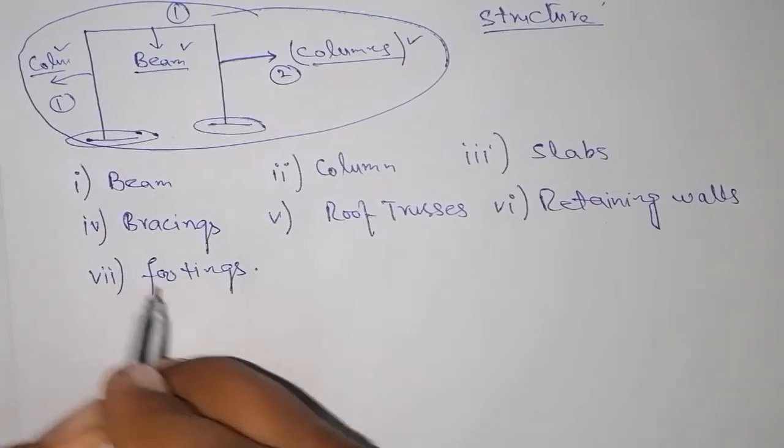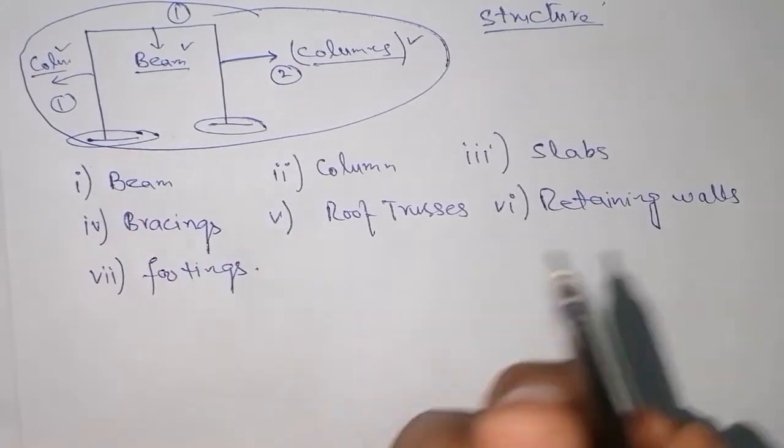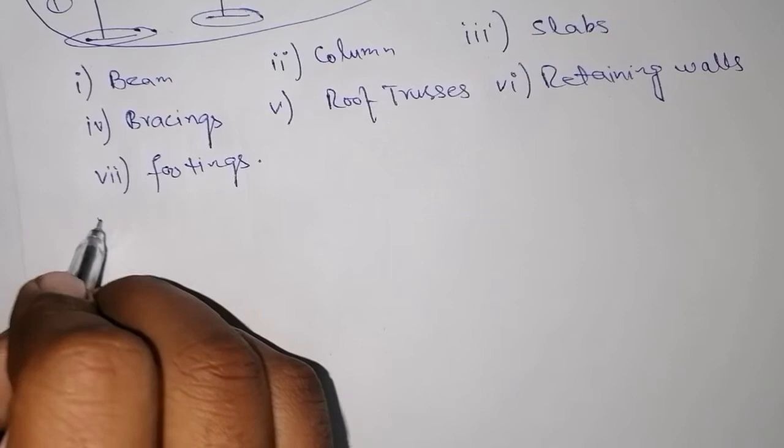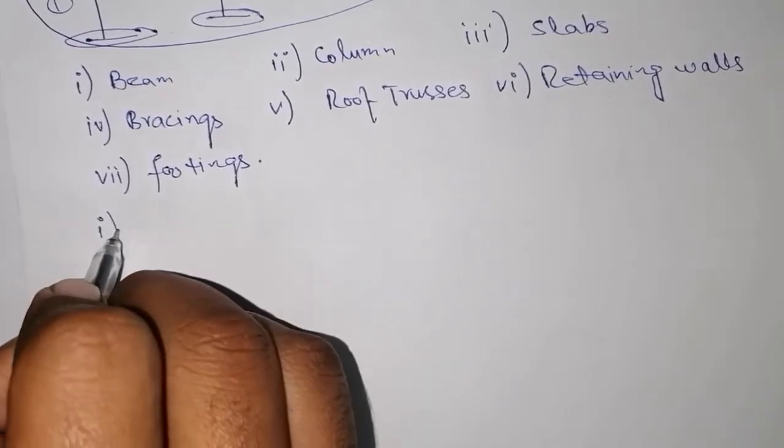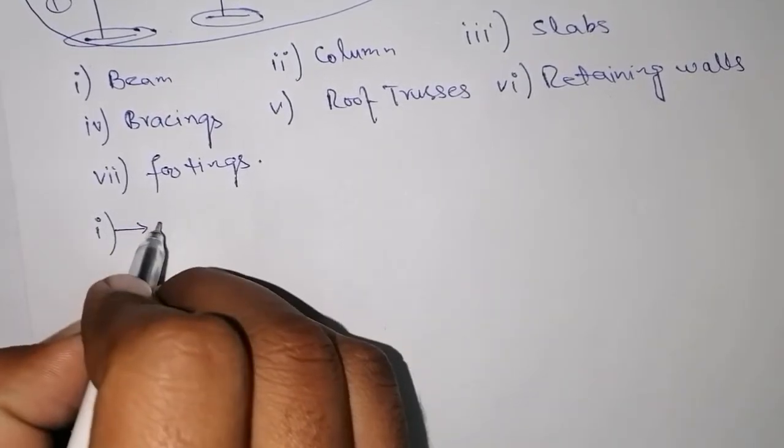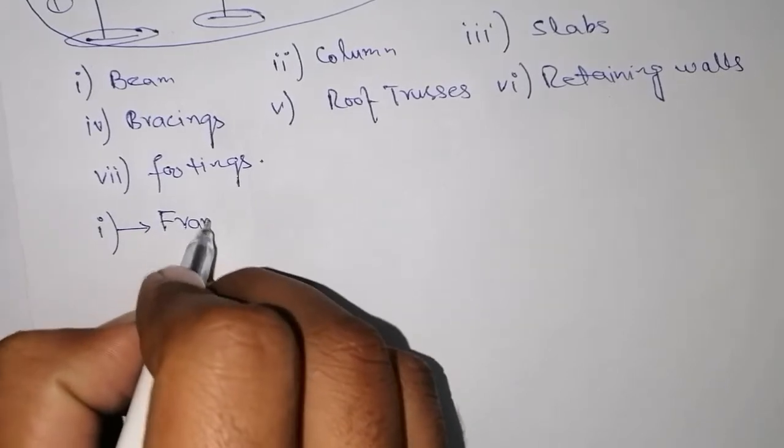So first of all, we have to know about the structures. How many structures? There are mainly two structures, or maybe three. First structure is known as frame structure.